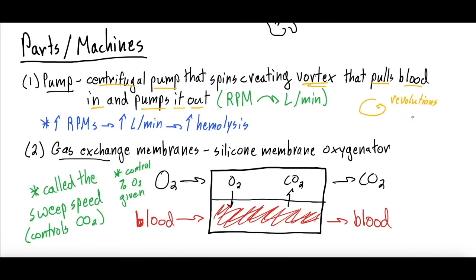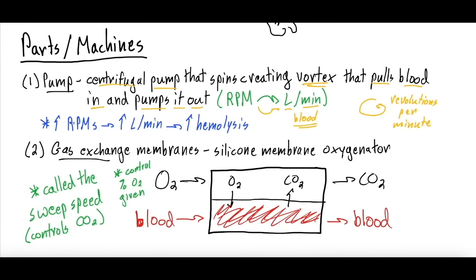That makes sense, right? When you think about RPMs in cars, or really anything circular that spins. And those revolutions per minute equate to the liters per minute of blood that is going to be pumped through the ECMO circuit back into the body.